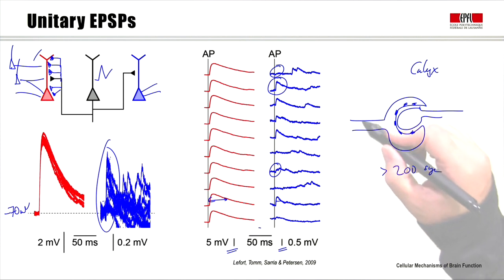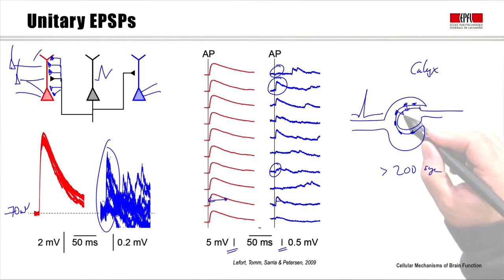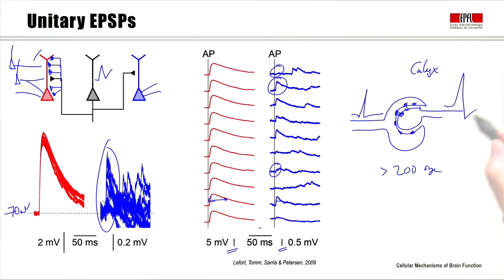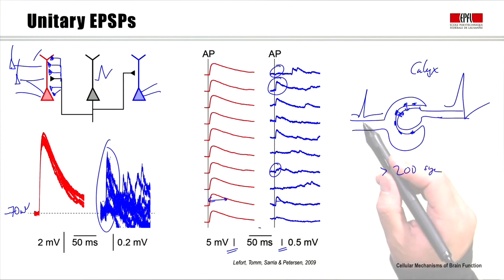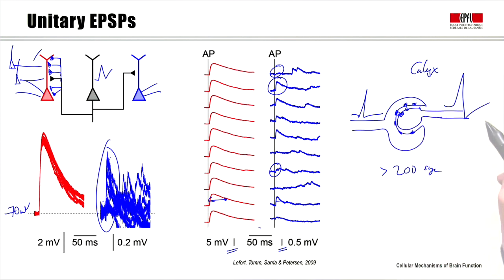Because the action potential comes in and releases glutamate onto the postsynaptic cell, which has many receptors, this automatically causes an action potential to fire in the postsynaptic neuron. So there are cases where an action potential is converted into an action potential in the postsynaptic cell through a large number of synaptic connections, like here in the calyx of Held, an example from the auditory brainstem.